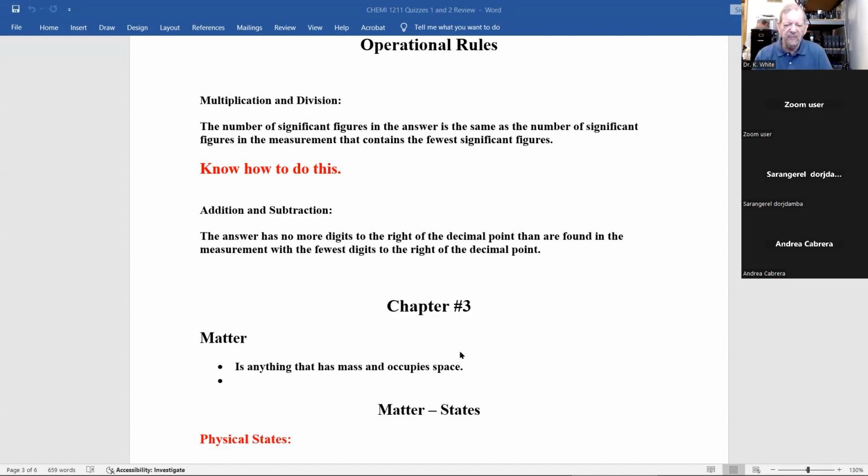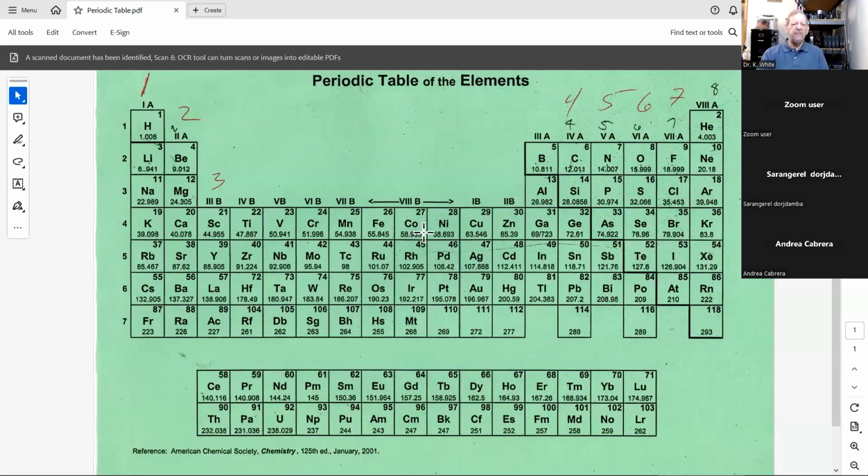Now, one last important thing you need to know, and that's from the periodic table, and that's how many electrons and protons an element has. How do you do that? Well, you look at your periodic table. If I ask, how many electrons and protons does carbon have?